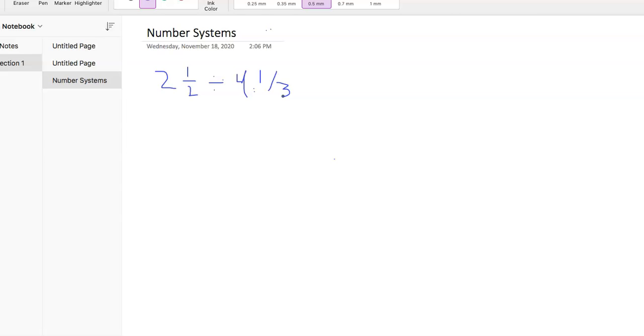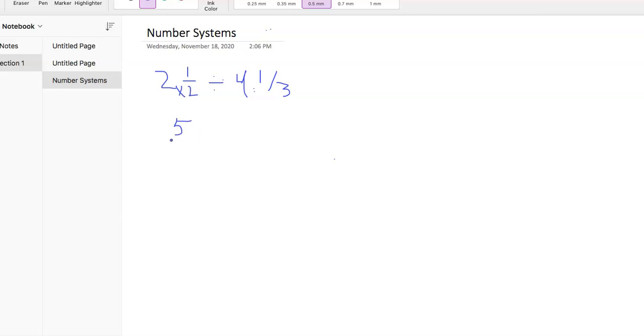The first thing we have to do is turn these into improper fractions. And then remember that when you're dividing fractions, you flip the second fraction and then you multiply. To turn it into an improper fraction, you go 2 times the denominator, which is 2, and then add the numerator, if you can remember this stuff from way back in the day.